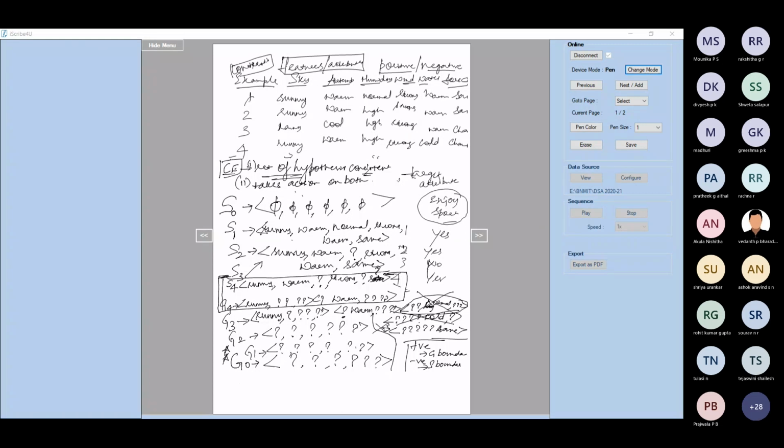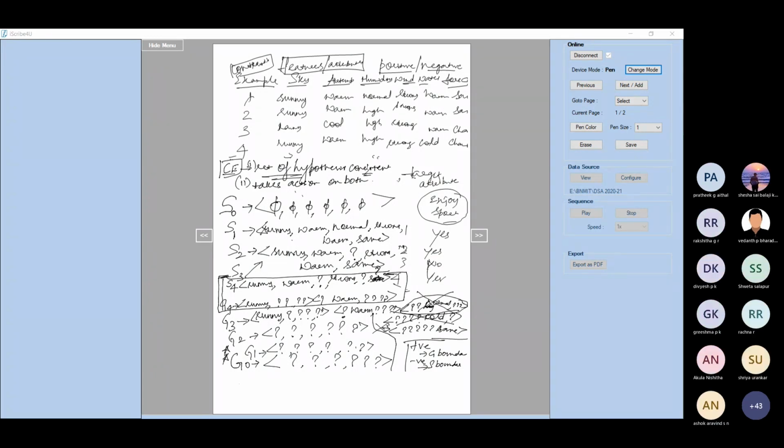And if you're testing on some example, if it's not a training example, if it's a test example, if you're testing your hypothesis on a test example, and if your hypothesis is not consistent, that means your learner has not learned it properly, or the training examples were not sufficient. You can conclude certain things like that.